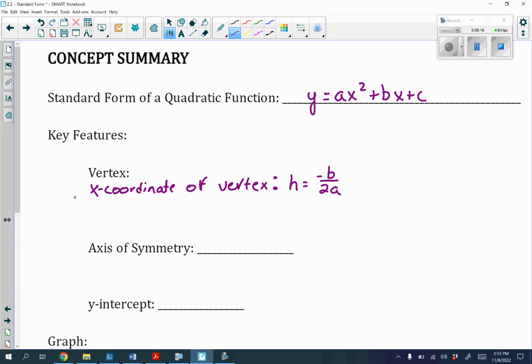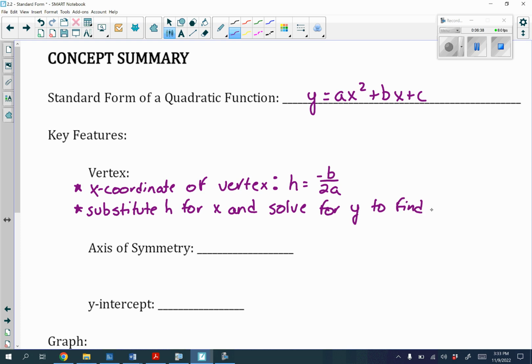Then we substitute h for x and solve for y to find the y coordinate of the vertex. Okay, remember, if you need to, pause the video if I'm going too fast. So pause the video if you need to get all of this down.